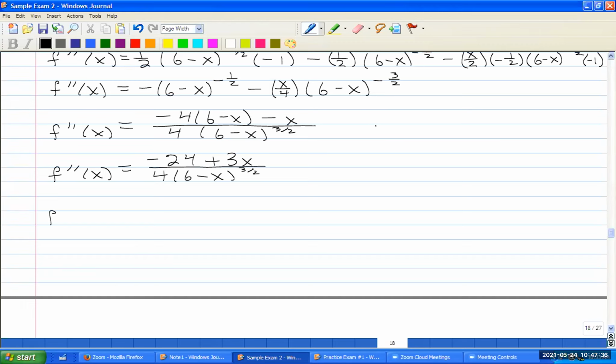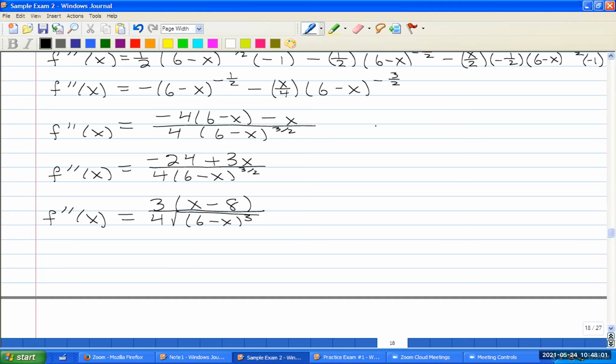So the second derivative is, factor out a 3. What remains is x minus 8 in the numerator, and then a 4 radical 6 minus x cubed. Okay, good.